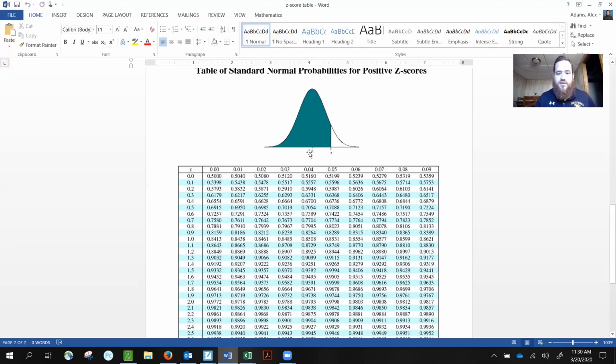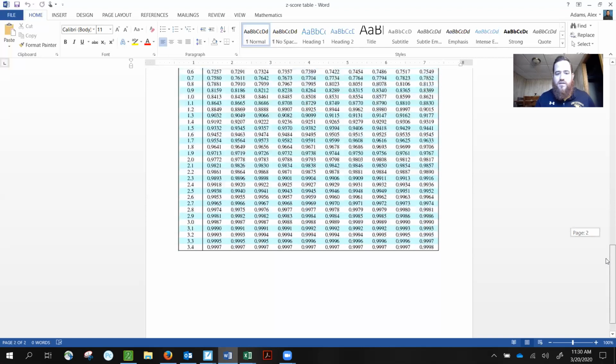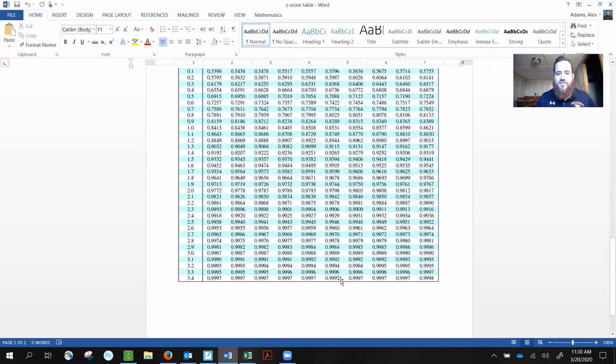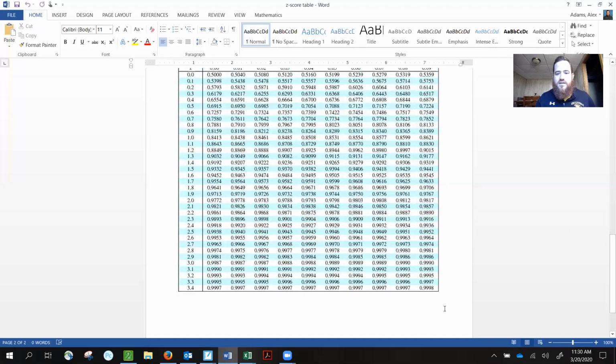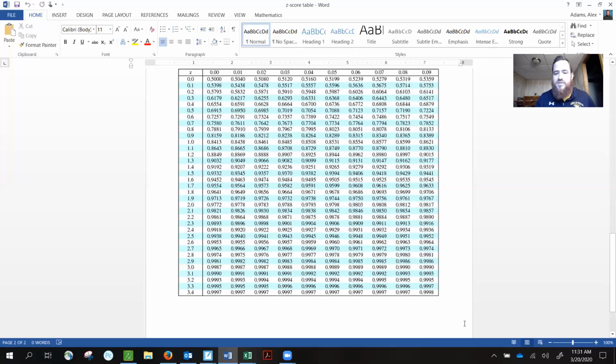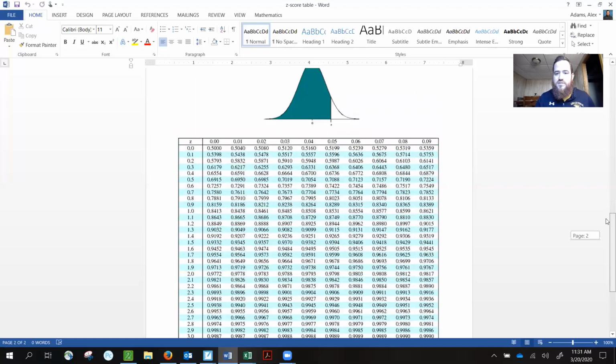Or if you look down here, we're getting further and further away from the mean. We're 3.4 standard deviations away. 3.49, 0.99998. We're really close to 100% of the data, which makes sense. 99.7% of the data is within 3 standard deviations.